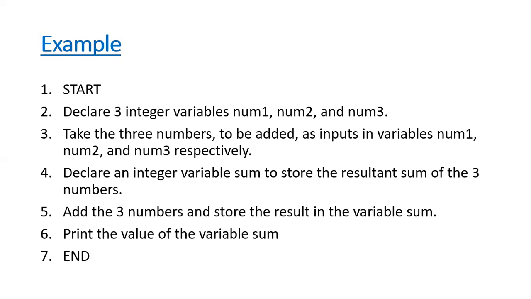After adding, I have to store the result in one variable. For that I have declared another variable named sum, and the added numbers will be stored into sum. The next step is to print the sum variable, and the last is the end step. So that's all about it. Thank you.